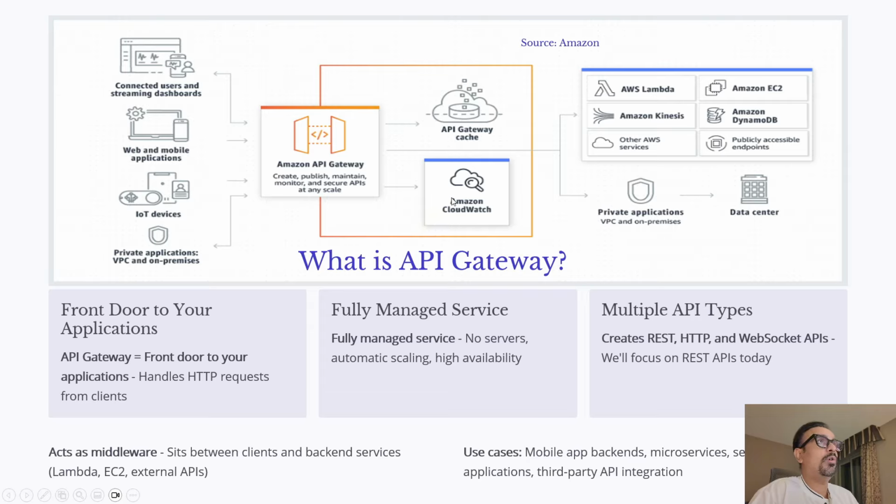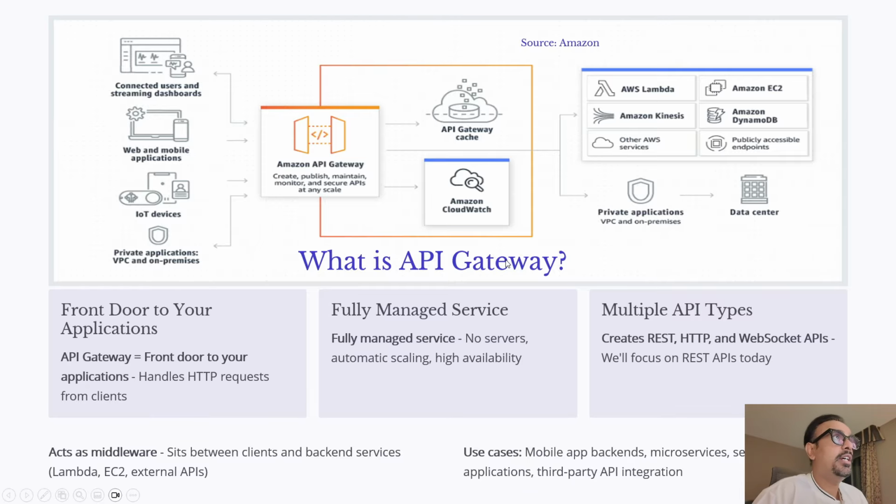Do you want to reach CloudWatch? You want to reach Lambda, Kinesis, other AWS services, or EC2? There are multiple services which API Gateway can route you to. While routing that, it can also maintain the invocation logs that are there as part of CloudWatch.